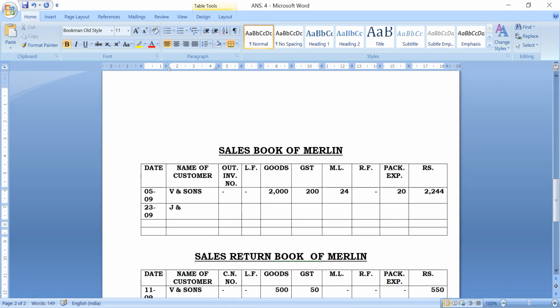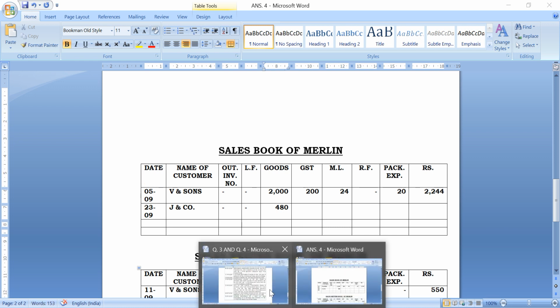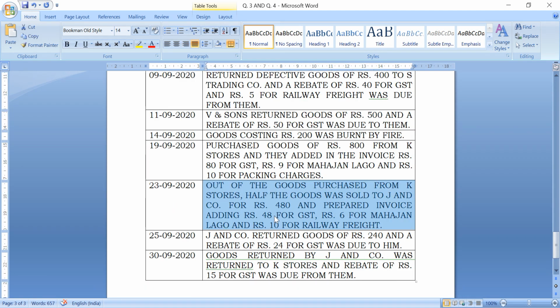J and Company. Invoice ma dash, LF ma dash. Goods sold for 480 rupees. So enter 480 in the column of goods. Then which expenses? Goods 480.